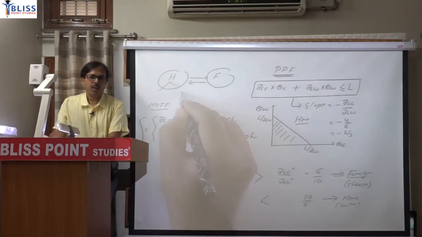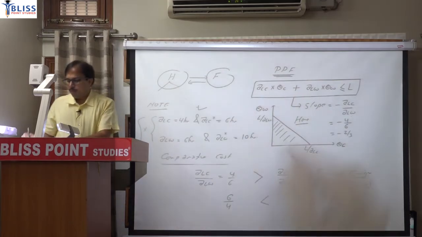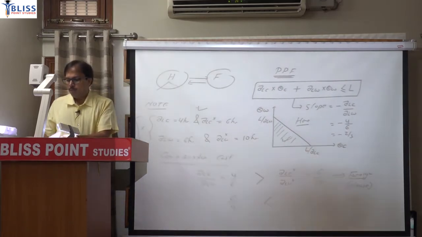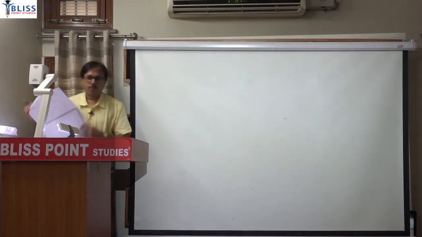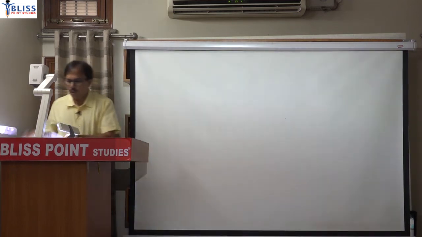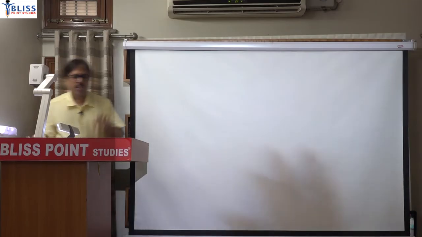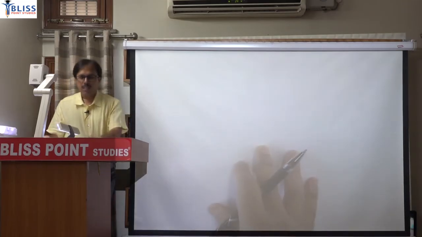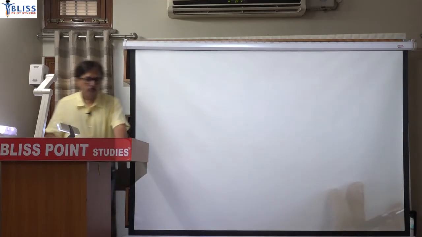So it is perfectly mobile within the economy, but immobile between the countries. So now we are basically explaining which product will actually be produced by the country, first explaining the home country. Right now we have not explained trade, just explaining what is happening in the home country.